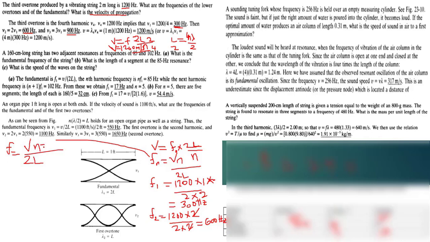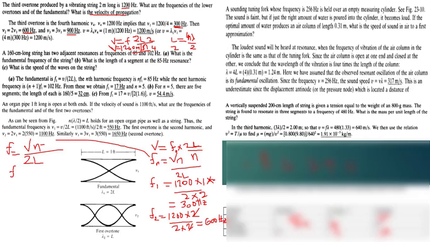So when n is equal to 2, we have 2 times v divided by 2L. When n is equal to 3, we have 3 times v over 2L. When n is equal to 4, we have 4 times v over 2L. So you can see v over 2L repeats itself all the time, and v over 2L was the frequency of the fundamental, because when n is equal to 1 you get v over 2L.